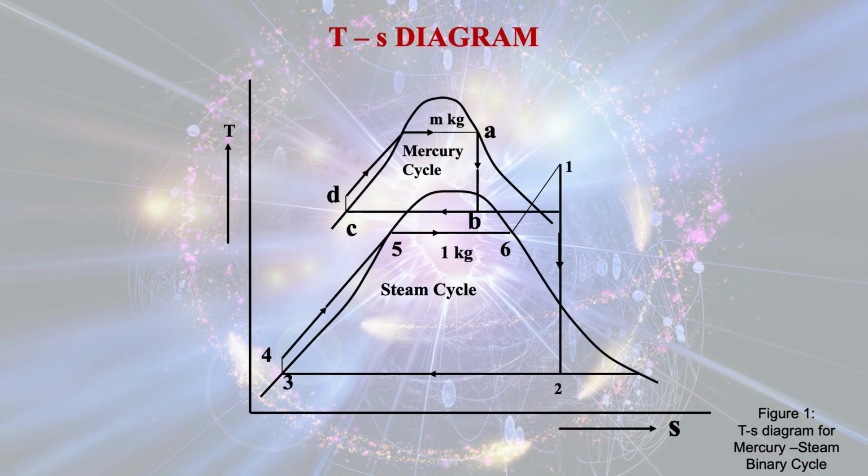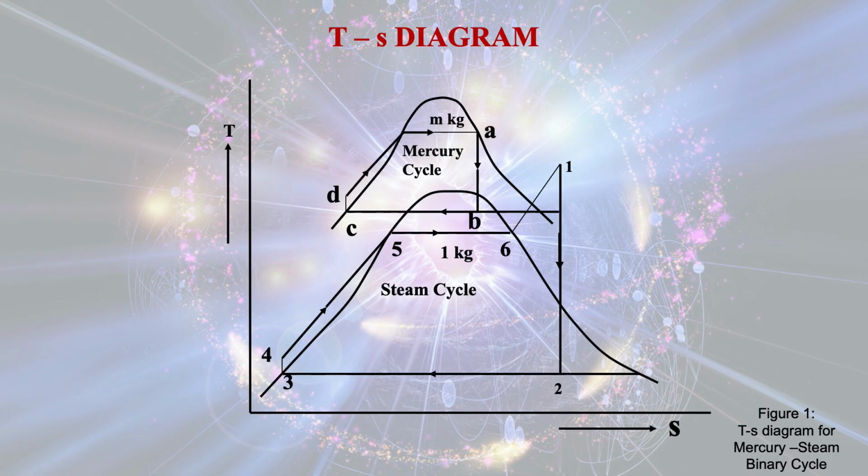Now you see at the point A, that is the entry point of the mercury vapor in the mercury cycle, and B is the exit point of the mercury turbine.